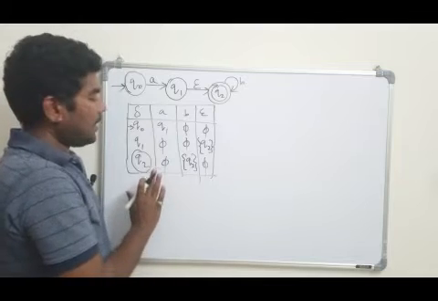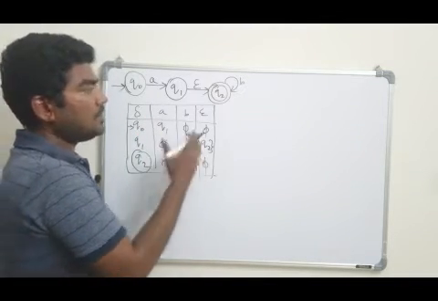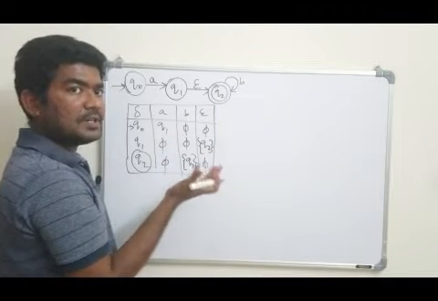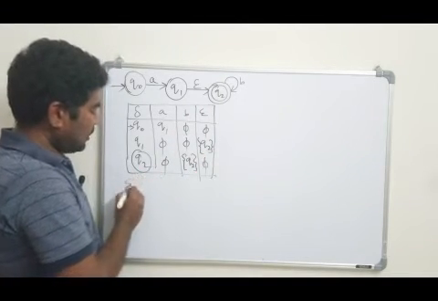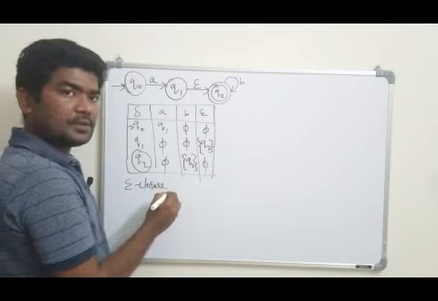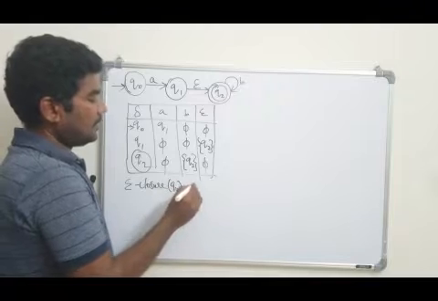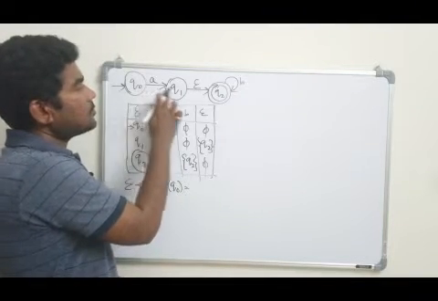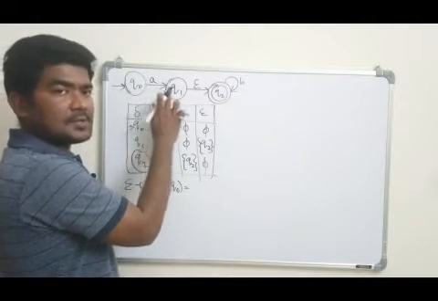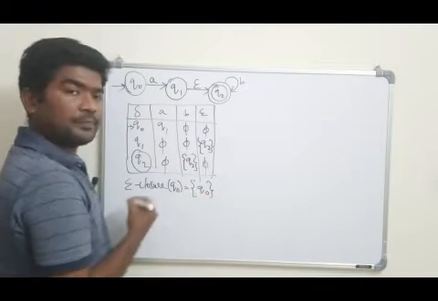So now after this construction of transition table, we are moving to the epsilon closure. First we need to find the epsilon closure. Epsilon closure of q naught. There is no epsilon transition itself, so you will put directly q naught itself.